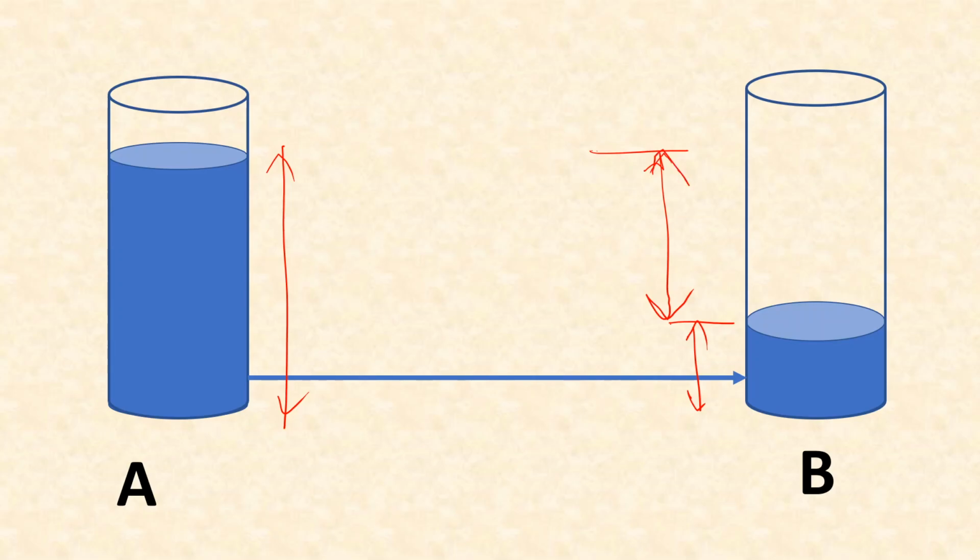But what do we mean by getting lost? When water flows from here to here, because of this head difference, it will govern the velocity of flow. If the head difference is more, then the velocity will also be more, and therefore water will enter this tank at a higher velocity. But where is the loss then?